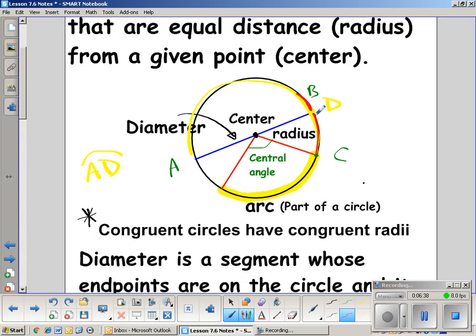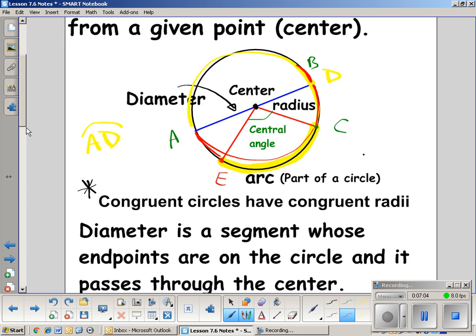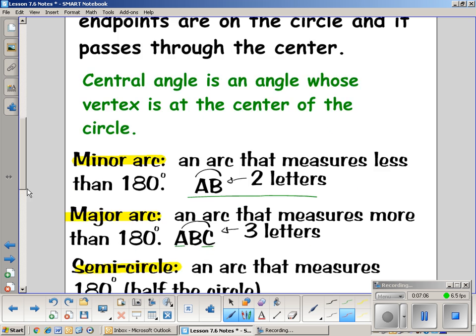One that might overlap that's not adjacent, if I put some more letters here, let's call this E. If we say arc AE and arc AC, they both share A, but AC totally overlaps AE. Okay? Totally overlaps arc AE. All right.